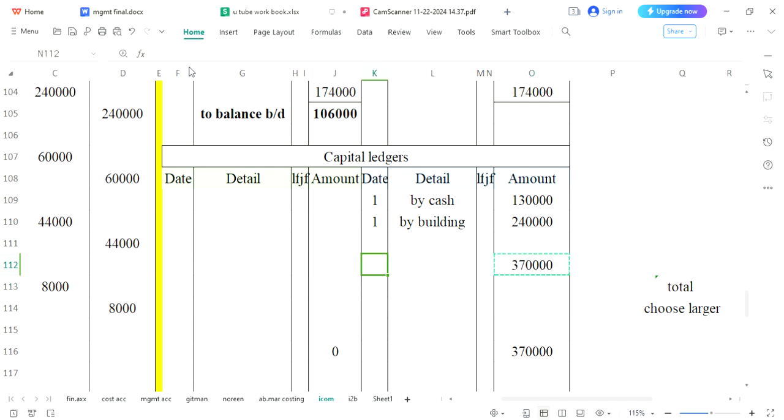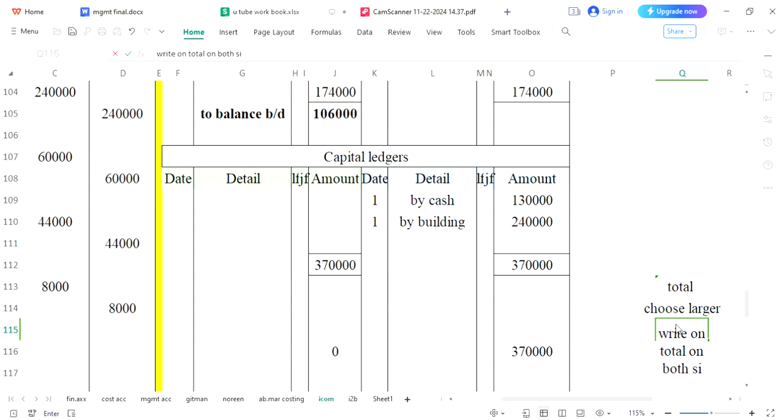This was your step number 3. Choose the larger amount, write on total of both sides. I have written these steps so that you can remember. First step, total of both sides. Choose the larger sum.